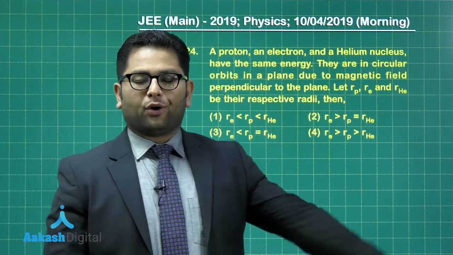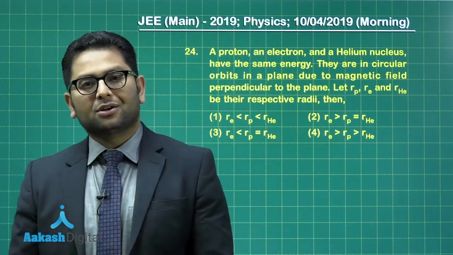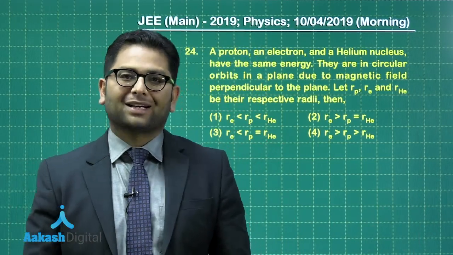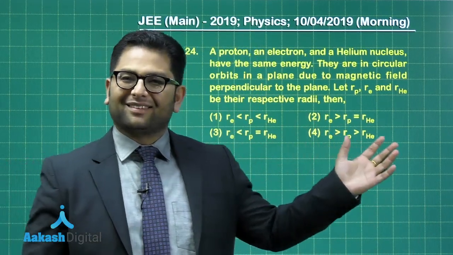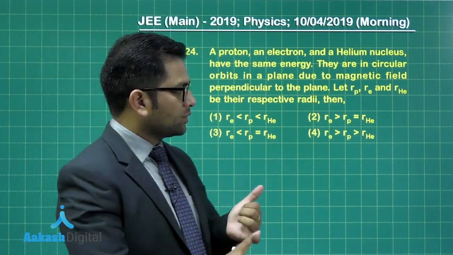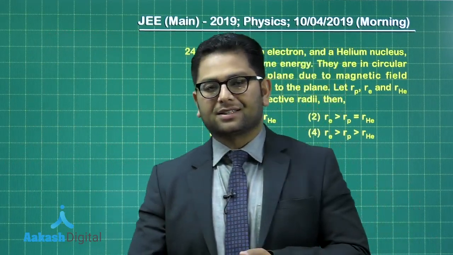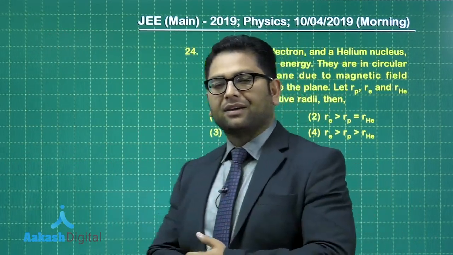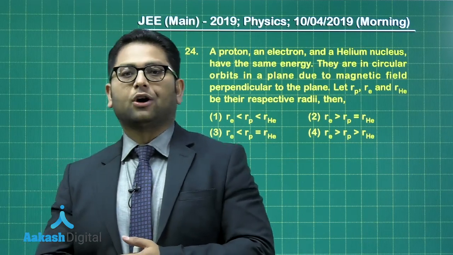Question number 24, moving charges and magnetism. Motion of charged particle in a magnetic field. Circular path. I think now you got the hint, and very straightforward. So there are proton, electron, helium, all having same kinetic energy, and they go into the magnetic field to make a circular orbit.